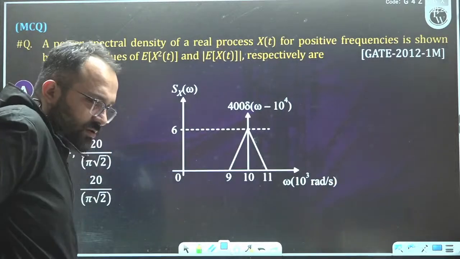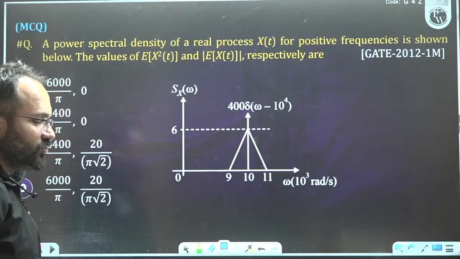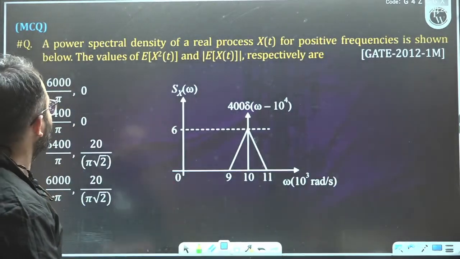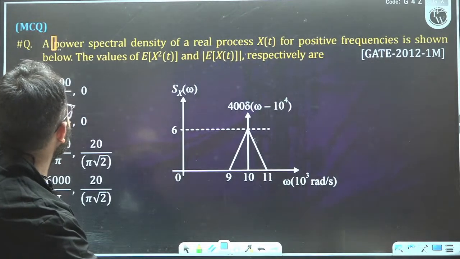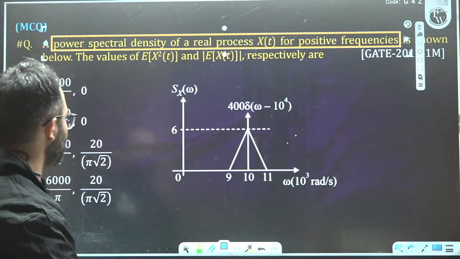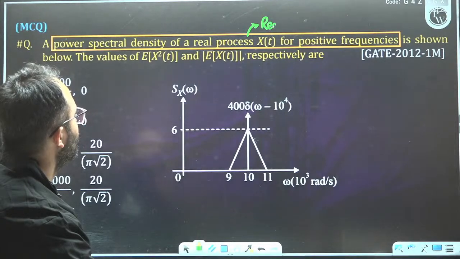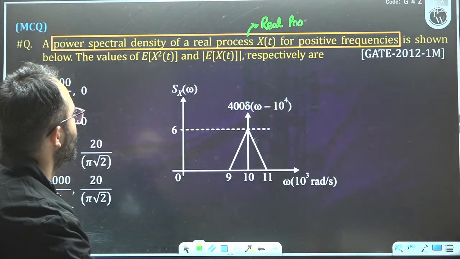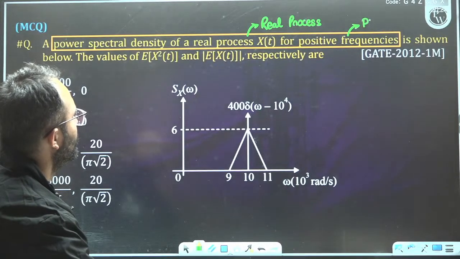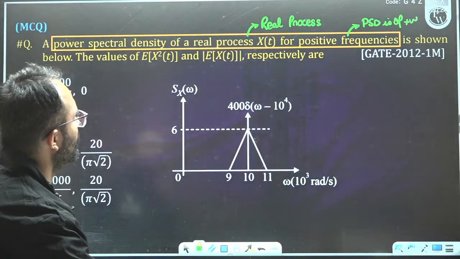Now friends, many a times it is very important to read the question very clearly and specifically. In this question, it is given that the power spectral density of a real process x(t) is for positive frequency. It is given that we have a real process and the PSD is of positive frequencies.